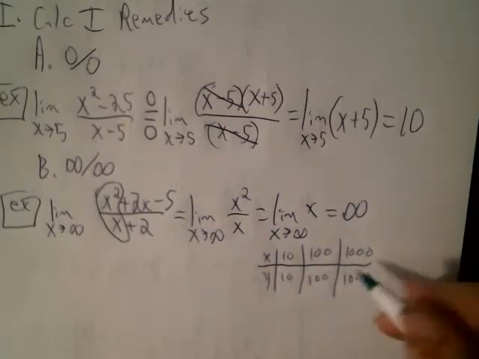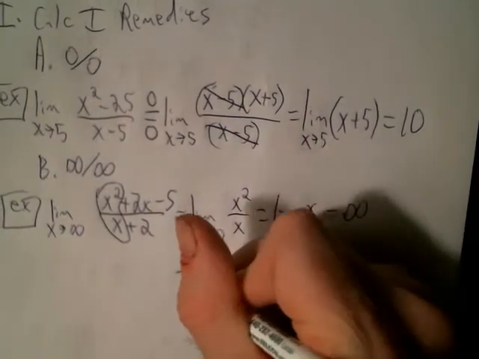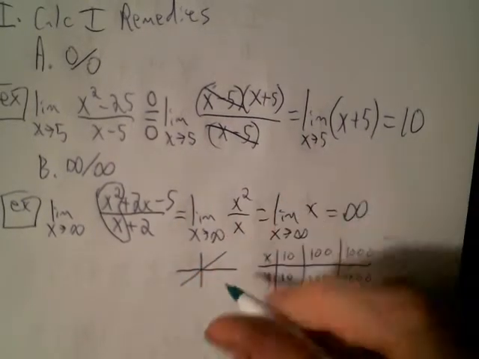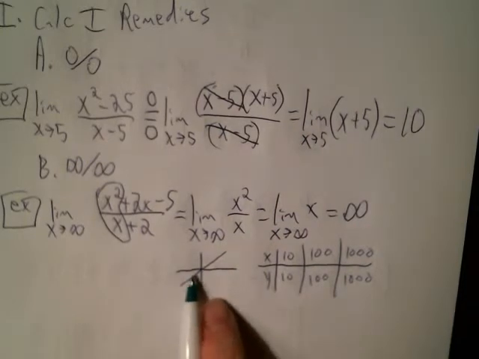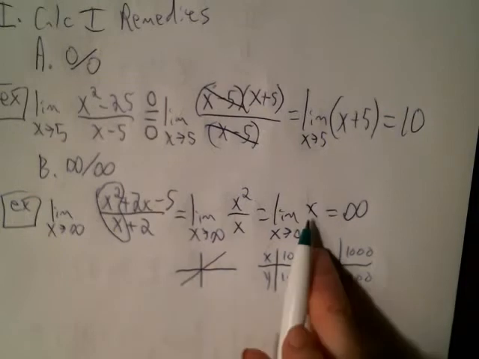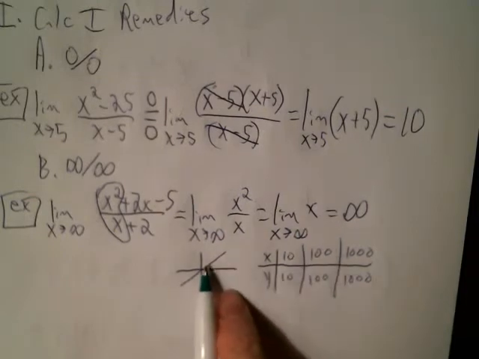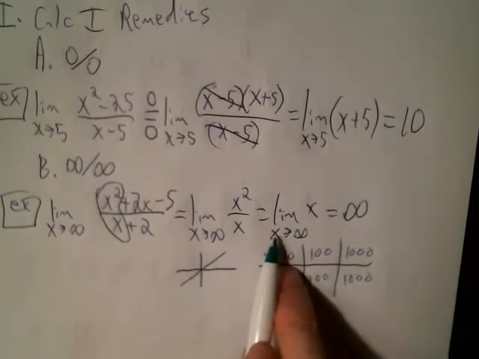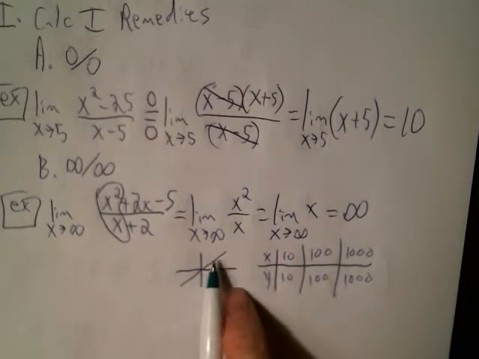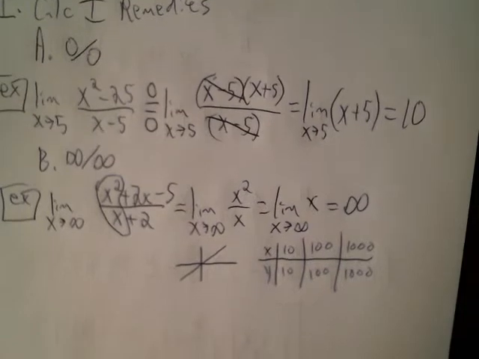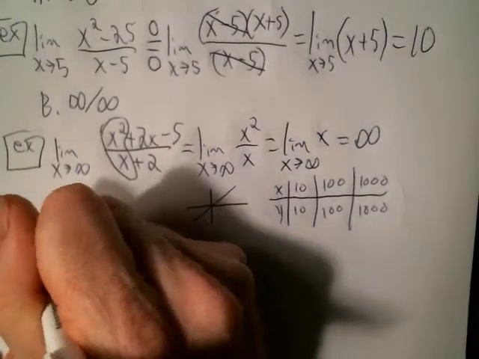Graphically, what you're looking at is the y behavior of this graph as x goes to infinity. So this is the graph of y equals x, which is this guy right here, the diagonal. And then we want to know what happens to the y values as the x values go to infinity, and they just go to infinity. Okay, so that will always work for you.